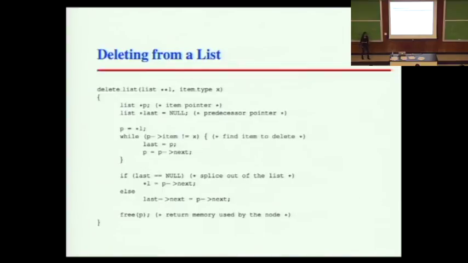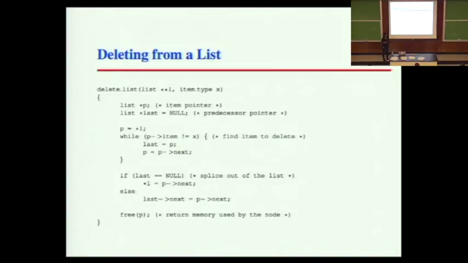Or there could be a different case where I don't tell you where this element is, so you search for it, you figure out where it is, and then you do this pointer manipulation. You delete this element and make this element point to this element so that the pointer structure of the list is maintained. So I think in this code, he's searching first, and then when he finds the element, he deletes it, and then he does the pointer manipulation.